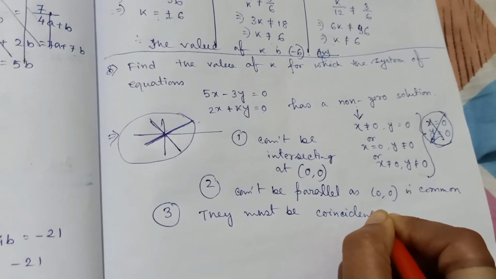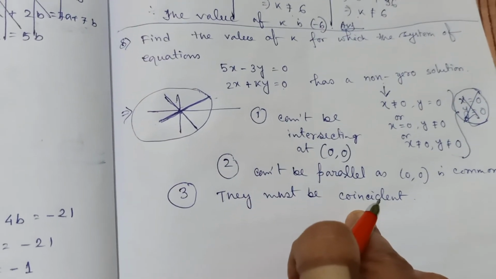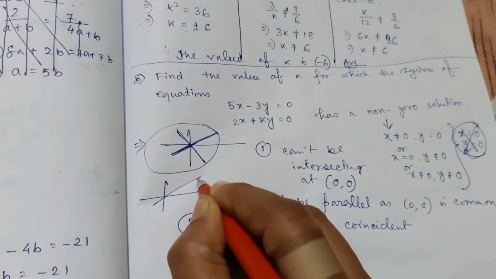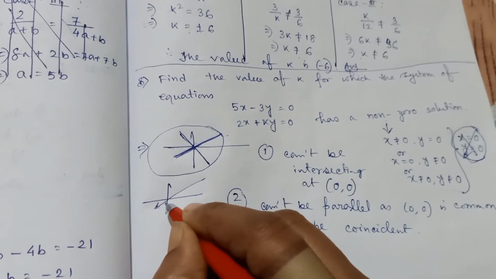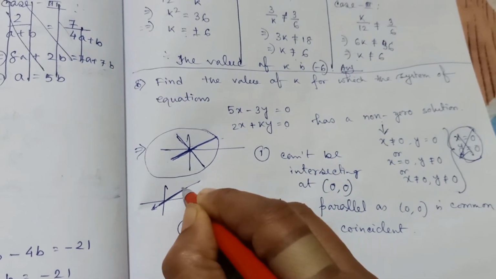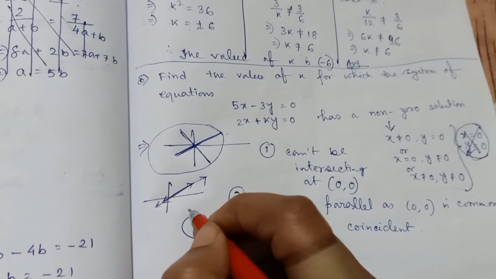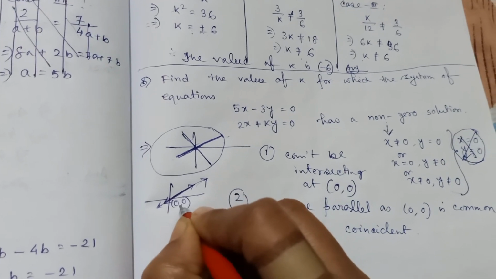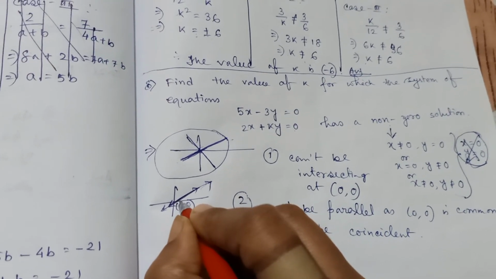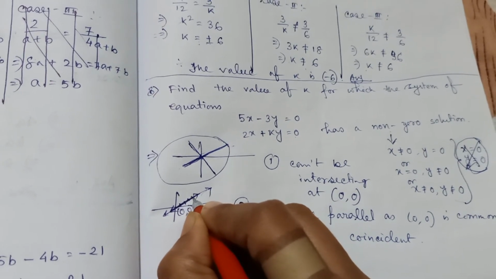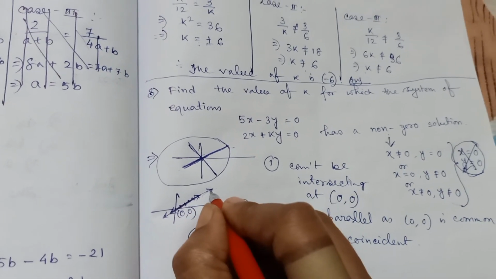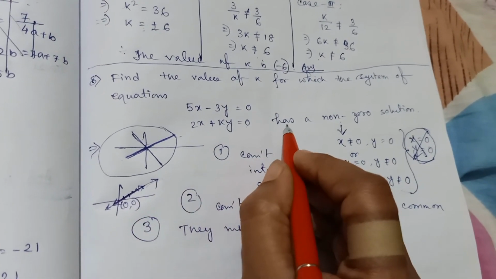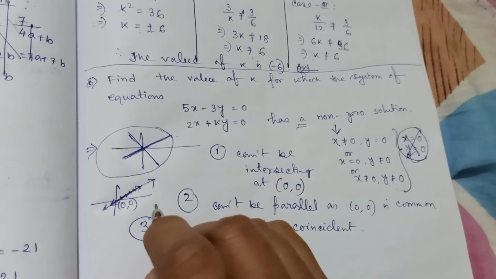Why? Because if they are coincident, the figure will be like this. Suppose this is the line, another line will be superimposed on the same line, right? What does it mean? It means it obviously has 0, 0 as one of the solutions, but there are infinite non-zero solutions, and we need only a non-zero solution.